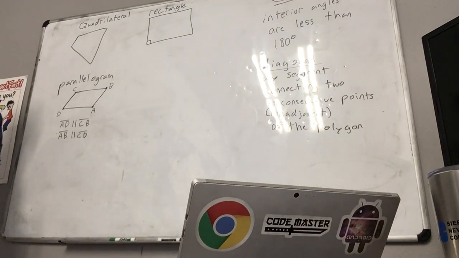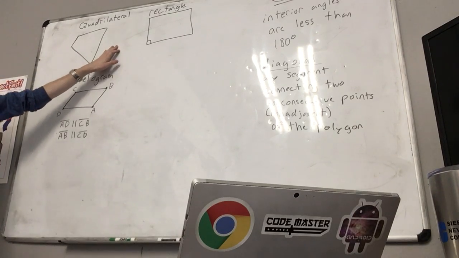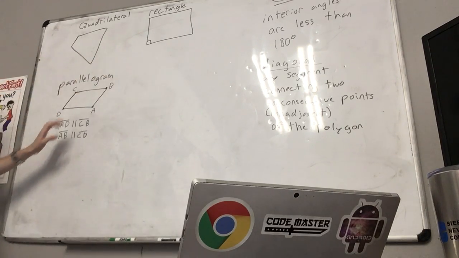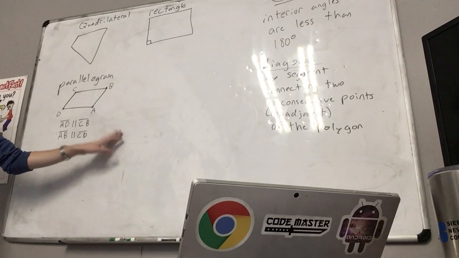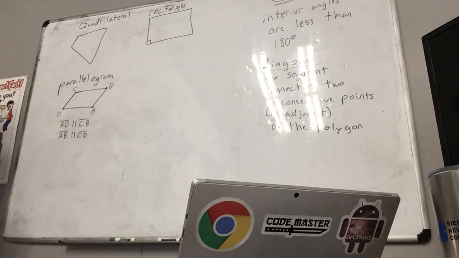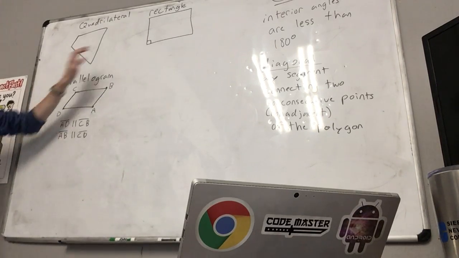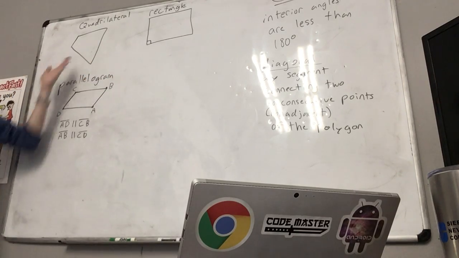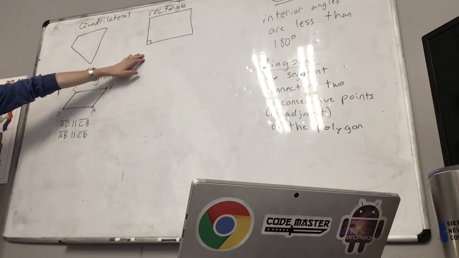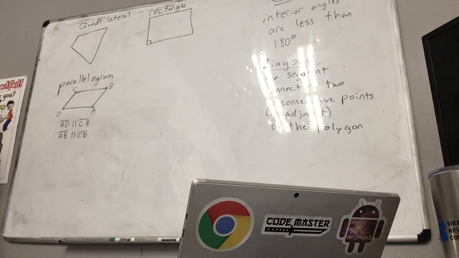So you could say that a rectangle is a quadrilateral, and a rectangle is a parallelogram. It's just a special type. You can't say the reverse, by the way. Not all quadrilaterals are rectangles. Example right there. But every rectangle is a quadrilateral. Okay?